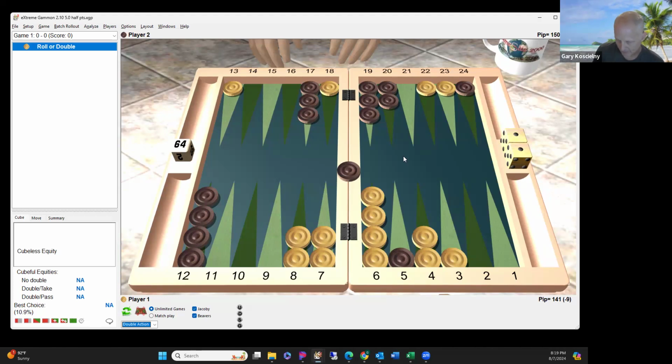So here, what do we have in terms of priming? Do we have a priming advantage here? Pretty unlikely. Anyway, it might be after a few rolls.